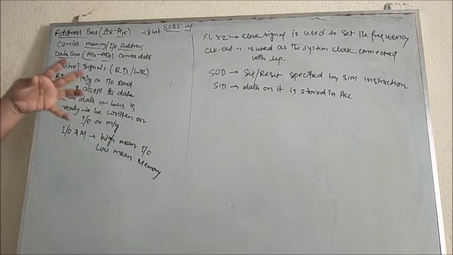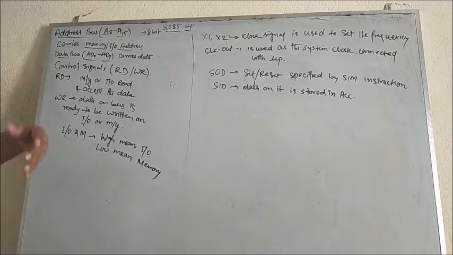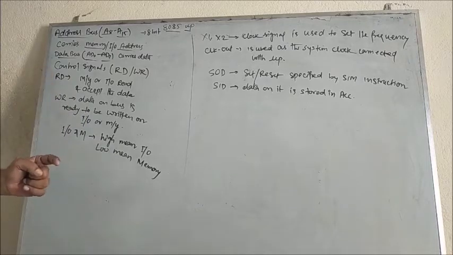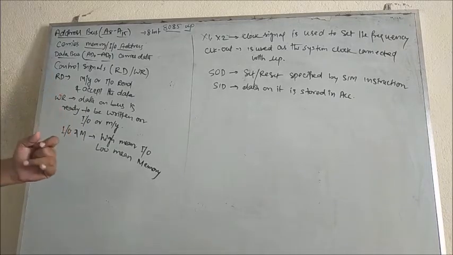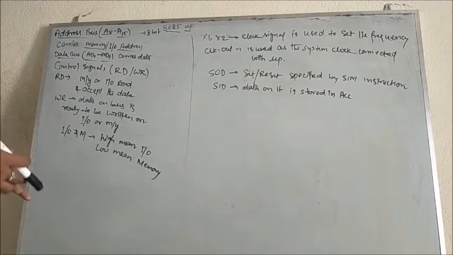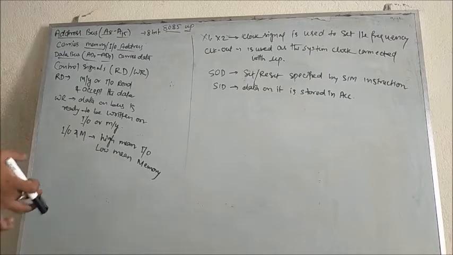And if every peripheral, whether it is a memory or an IO device, has its own memory, that means they are carrying some data, right? And if they are carrying some data, that means the data has to be transferred from one place to another, whether it is memory or an IO device.